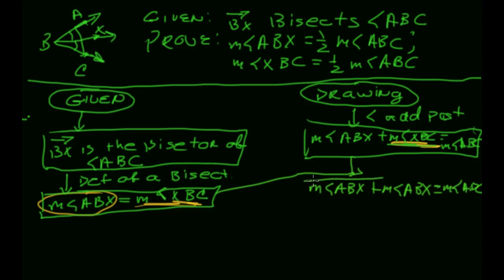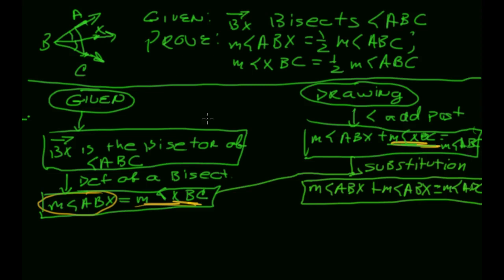Okay, so we kind of took one statement, used another one with it using substitution, right? Two things that are equal can be substituted for each other and got this statement.